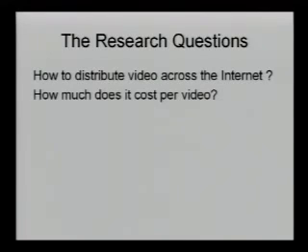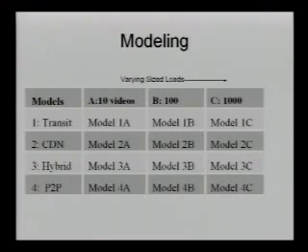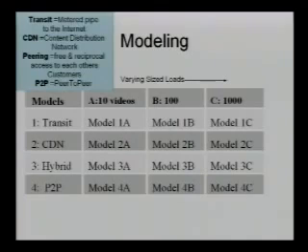research. So the question I was asking the community was, how do people distribute video over the internet, and how much does it cost? So the way I approached the problem was I started developing some models with the peering coordinator community. Across the left-hand side are the various methods. The first one could simply buy commodity transit, and that's essentially a metered pipe to the internet, if you don't know.